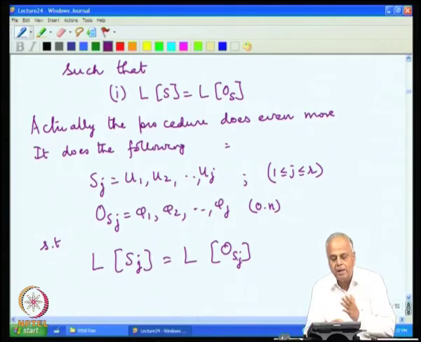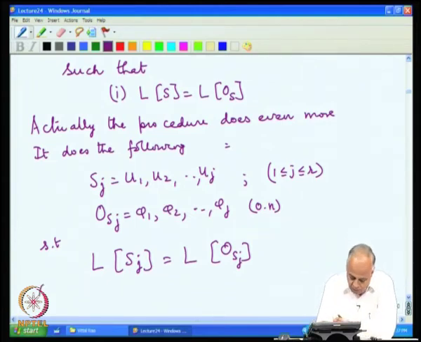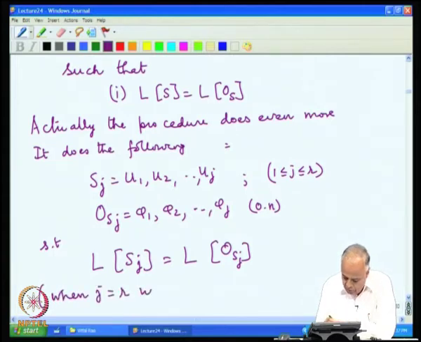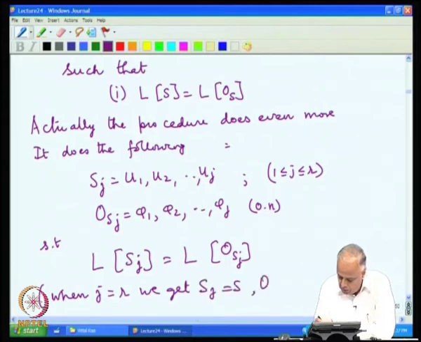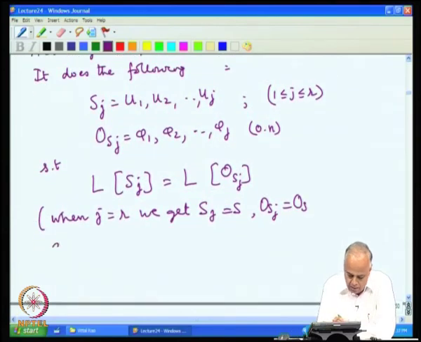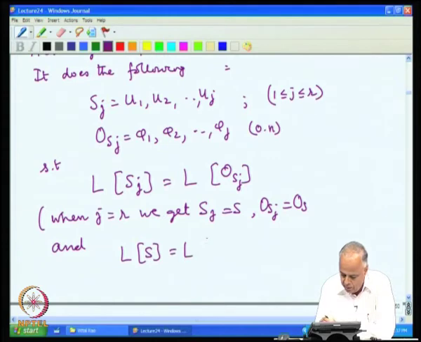So, at the end when j equals r, Sj will become S, OSj will become OS, and LS will be equal to LOS.